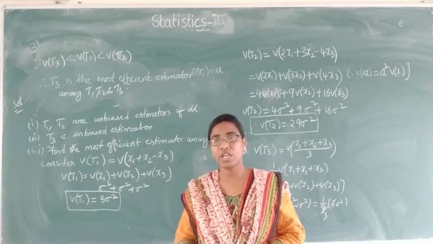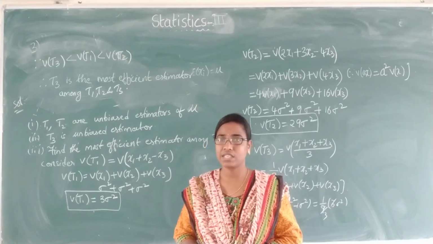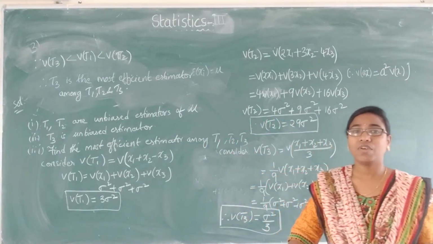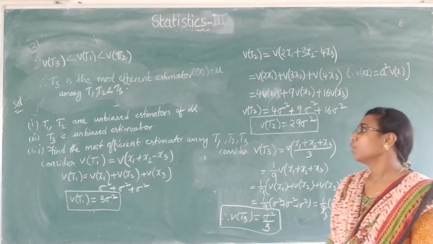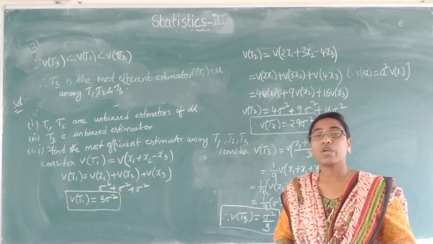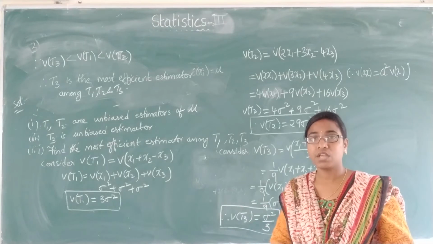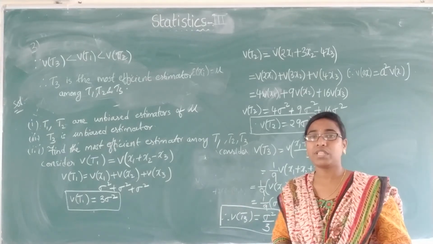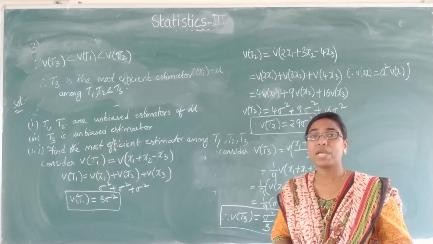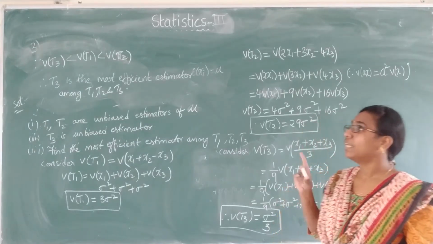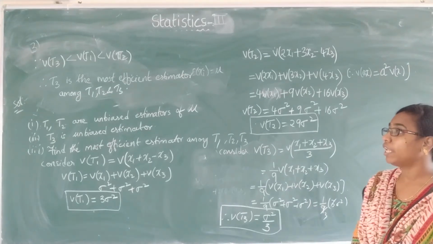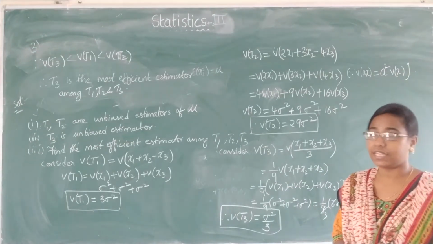If it is not equal, it is not the unbiased estimator. Similarly, to find the efficient estimator, you have to find the variances for all the estimators. Among those variances, whichever has the least variance is considered the best estimator. So here T3 is the most efficient estimator among T1, T2 and T3.